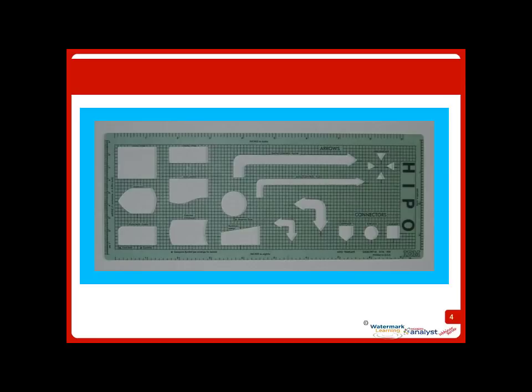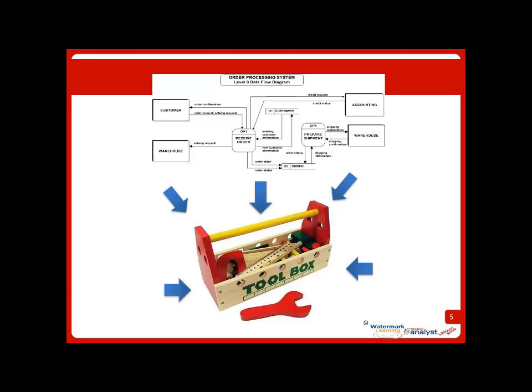Later, when I became a systems analyst in an IT department, I used this for just about everything, from documenting interfaces among and between all the applications to designing our screens or user interfaces. The point is, back then, this was basically the only tool that we had.